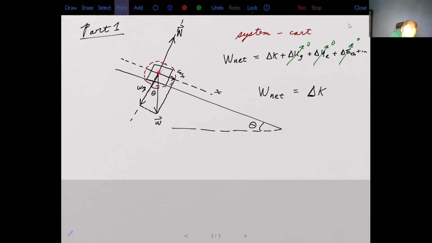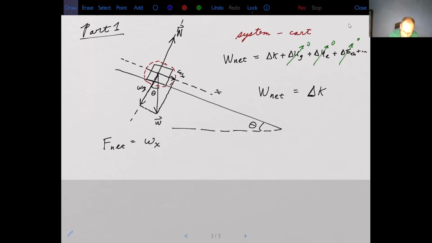The normal force and the y component of the weight are going to cancel out; they add to 0. So the only piece that's left is the x component of the weight that's accelerating the cart down the air track. So the net force is simply equal to the x component of the weight.